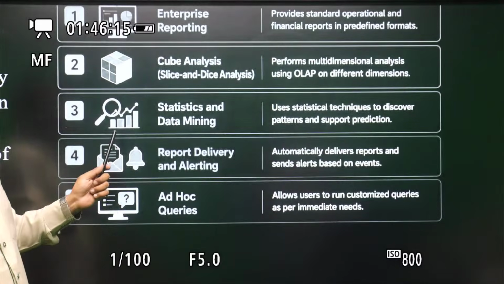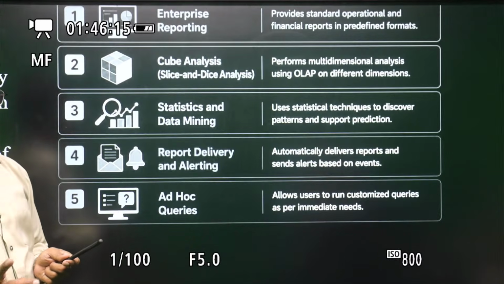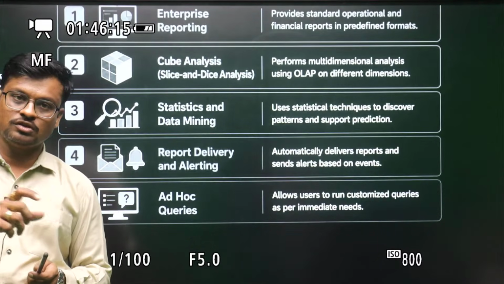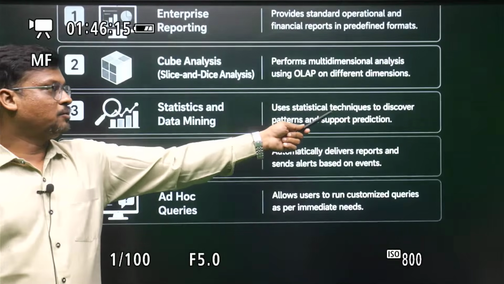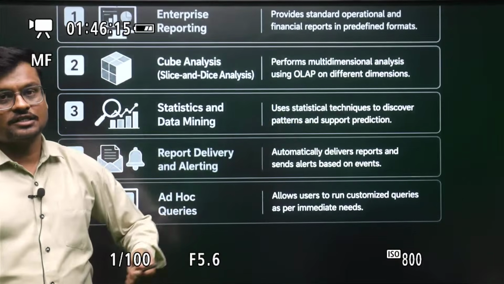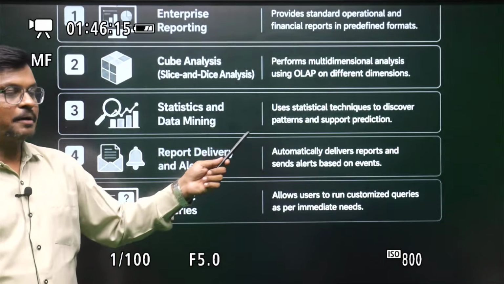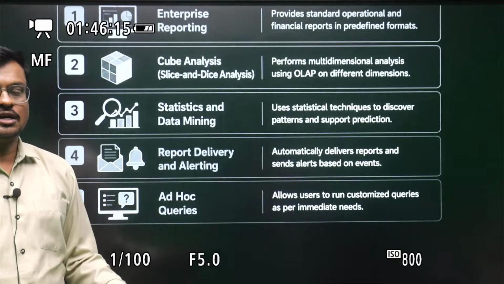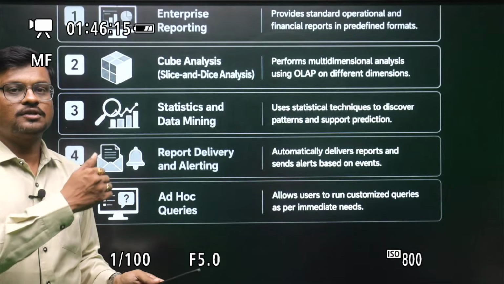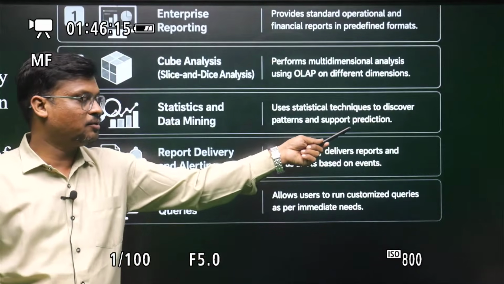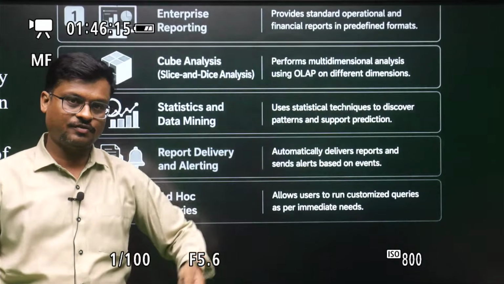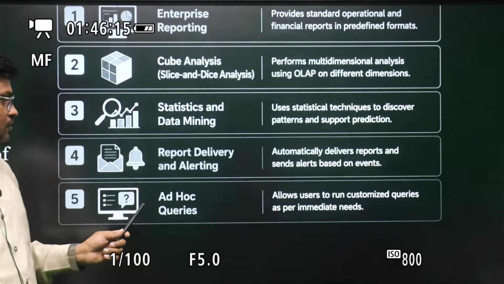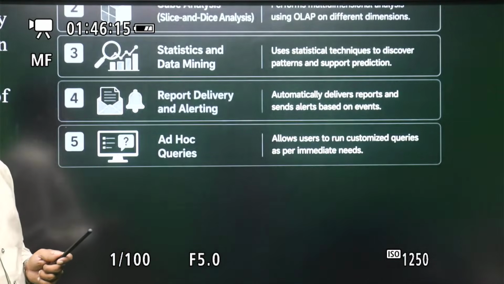After this, the third one is data mining using mathematical and statistical tools and mechanisms. You will be able to implement these mathematical statistical techniques to discover patterns which are previously unknown, and you will be able to support the predictive analytics, the future predictions. Fourth one is report delivery and alerting.